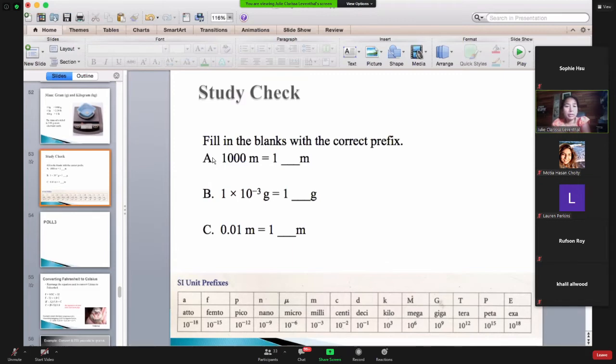So how many grams is 1,000 milligrams? Does that answer your question? That's correct. 1 gram. That's correct, Lauren. 1,000 milligrams is 1 gram. Or 1 times 10 to the minus 3 gram is 1 milligram. Does it answer your question, Michael?